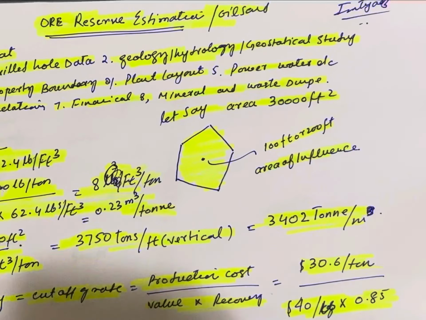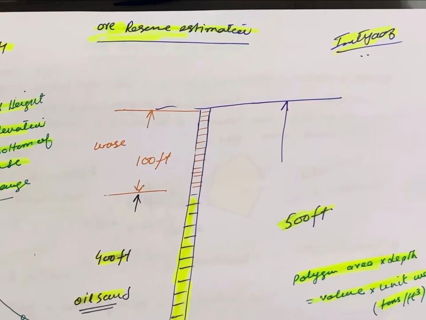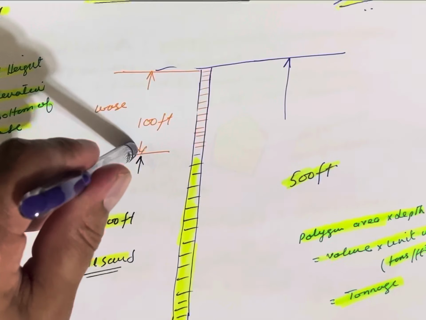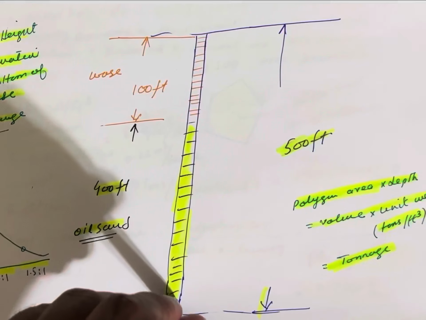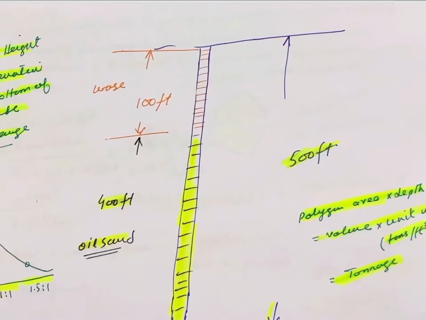So the continuation of ore reserve estimation, this is like an example of the hole. Let's say this is a hole, and up to 100 feet we have the overburden, and after that up to 400 feet we have the oil seam. So the total length is 500 feet.